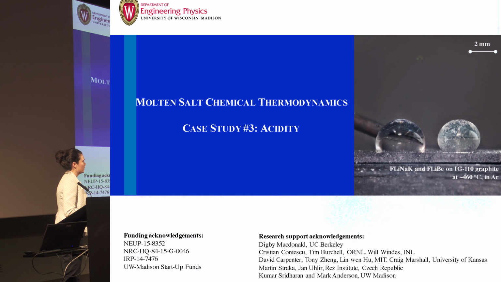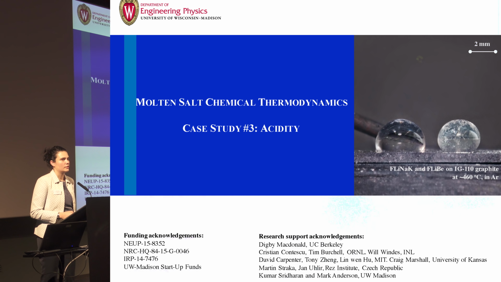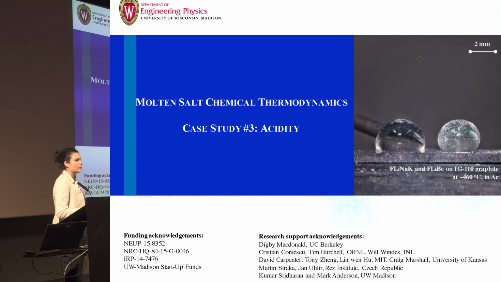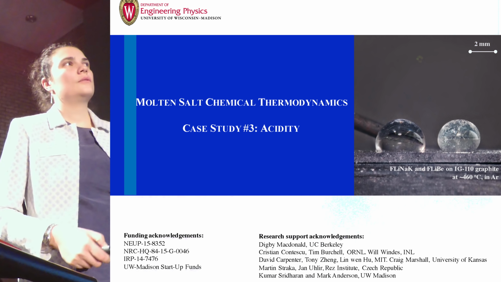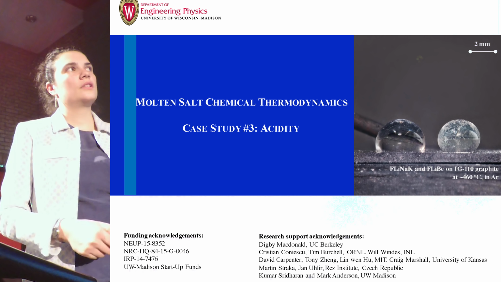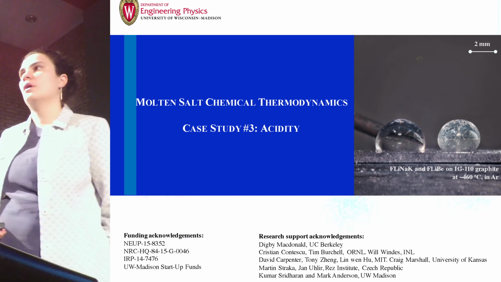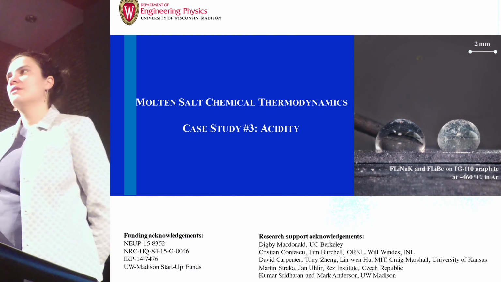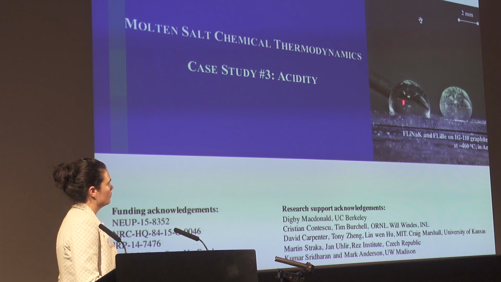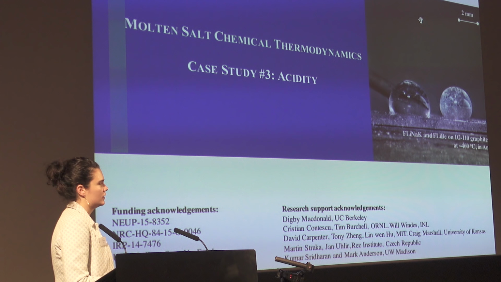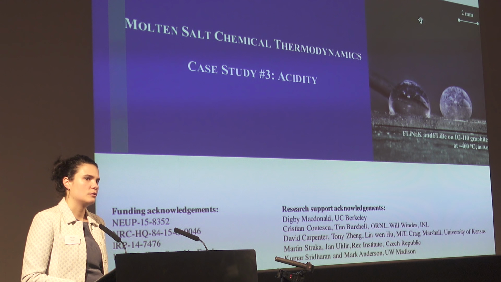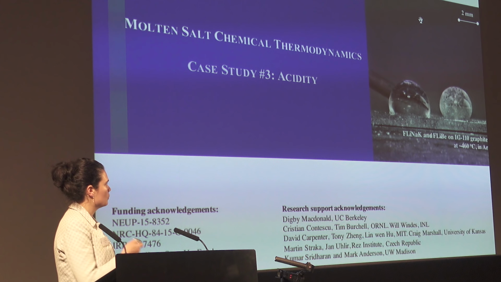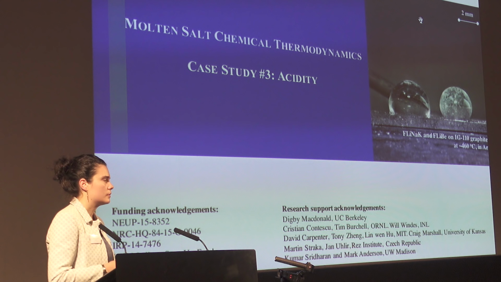We know that the wetting behavior is highly sensitive to the chemical environment. Moisture and oxygen lead to higher wettability. Pre-treatment of the graphite before exposure to the salt droplets will affect the chemistry of the salt, which in turn affects wettability. We have an active study on contact angle, wetting and surface tension, and I can tell you more about that and point you to some publications if you're interested.